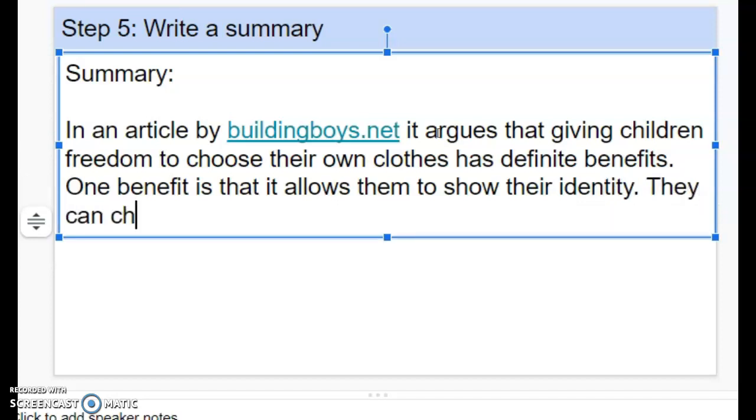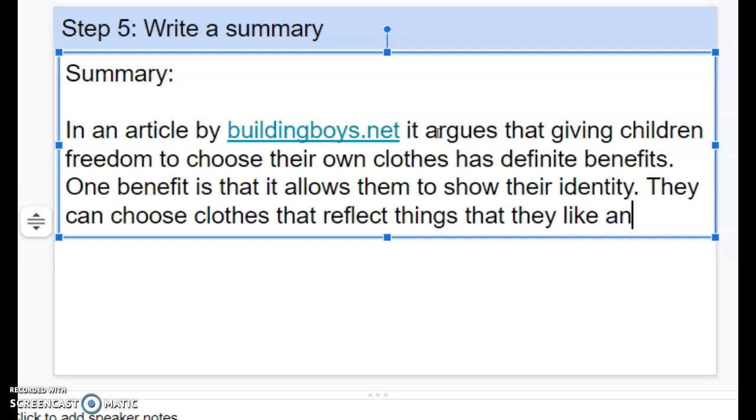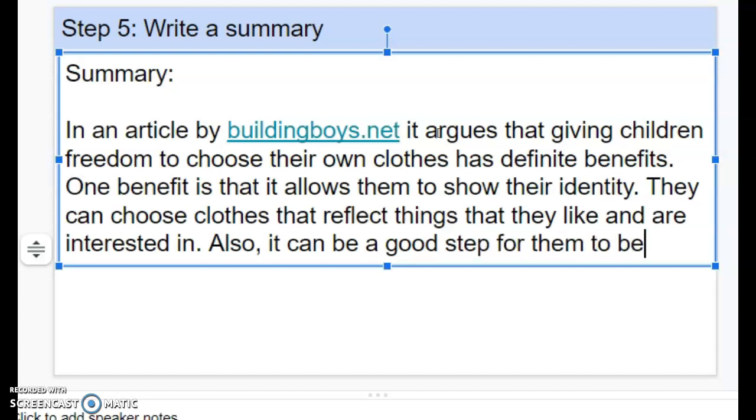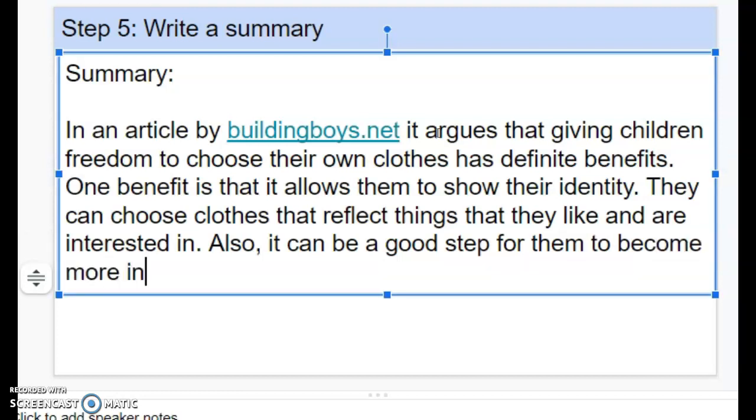They can choose clothes that reflect things that they like and are interested in. Also, it can be a good step for them to become more independent.